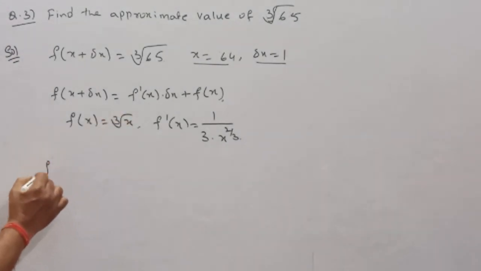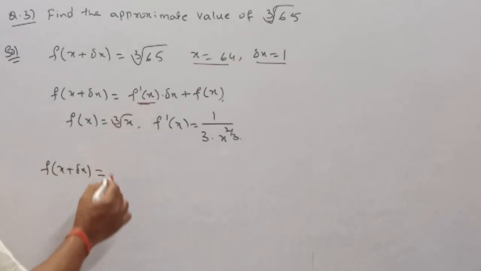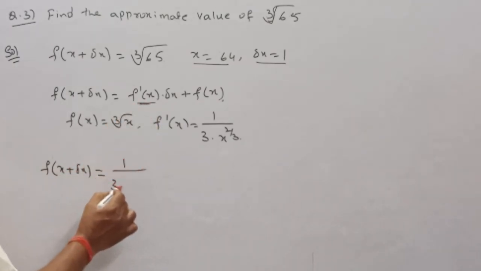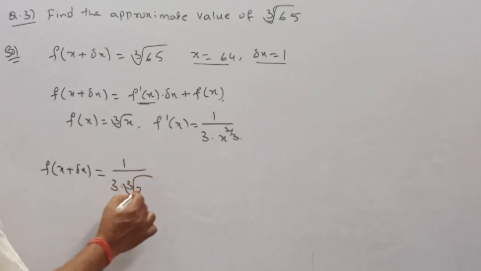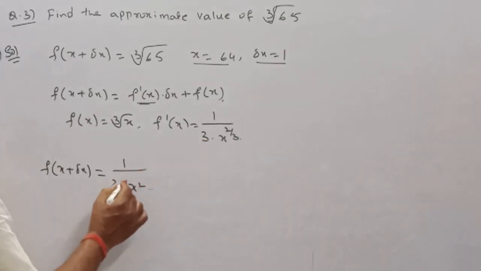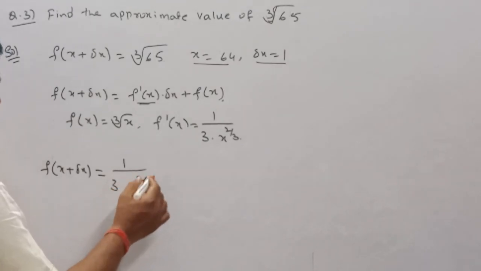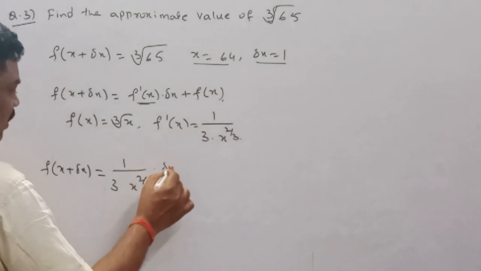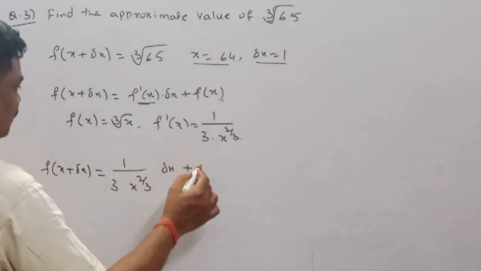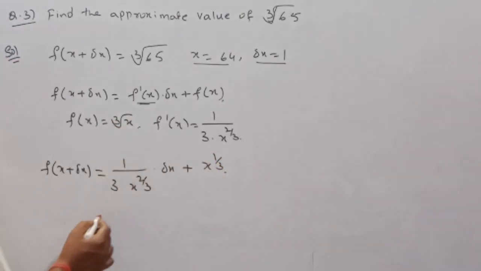So here f of x plus delta x is equal to f dash of x, 1 by 3 into cube root of x square, or x power 2 by 3, into delta x plus f of x, which is x power 1 by 3 or cube root of x.